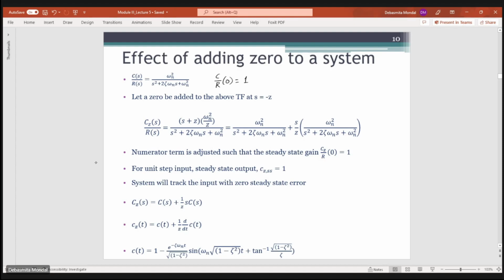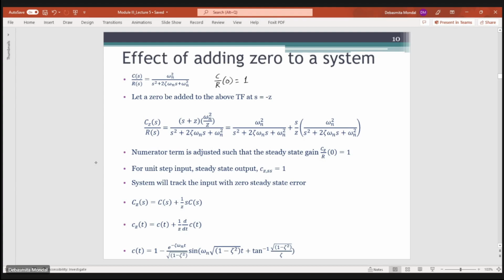If you want to write the expression for Cz of s from this equation, this term is nothing but Cs.